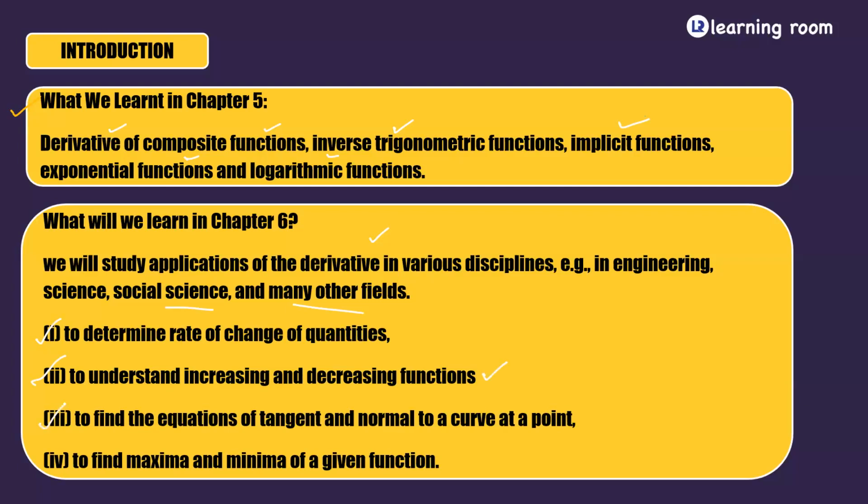And the third type is we will try to frame the equations for given curves, for two important lines called tangent and normal, to the given curve at a given point.